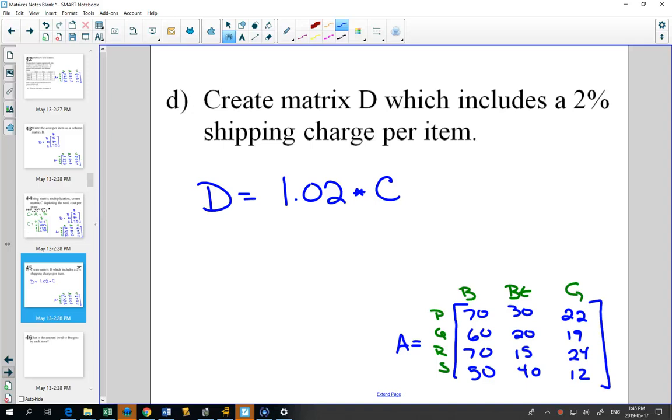Is everybody okay with adding a percentage by multiplying by 1 point and then whatever that percentage is? Did you know that mathematics before? Like when you have to pay taxes on any item, you have to multiply by 1.13 because the taxes are 13%. And multiplying by 1.13 adds the taxes on there.